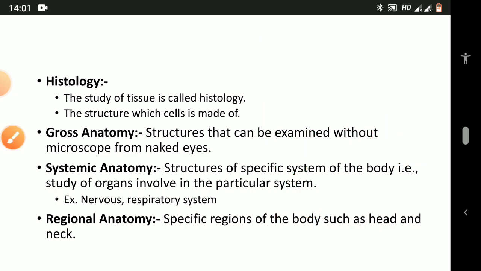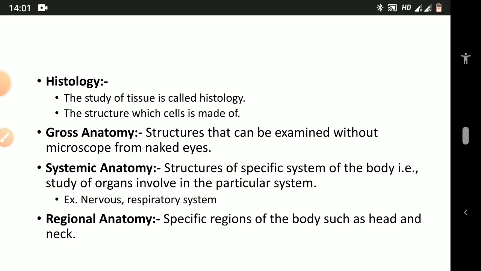That means in systemic anatomy, we are going to study the particular organs that form a system. For example, the nervous system is formed by various organs like brain, spinal cord, and various nerves like sensory or motor nerves.